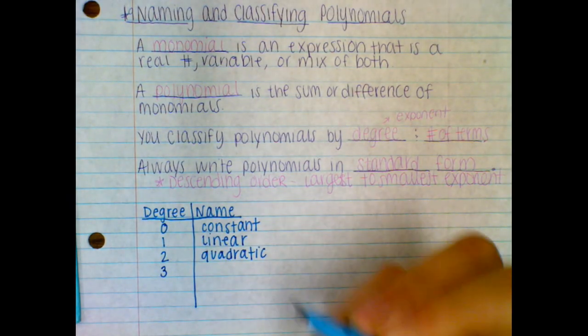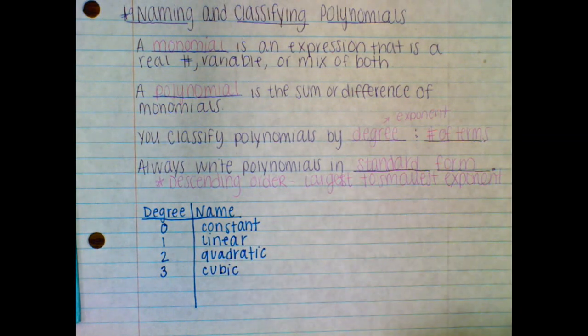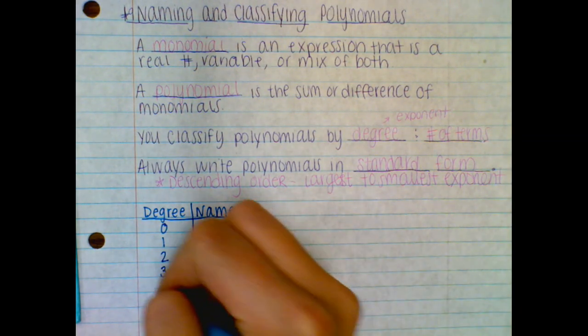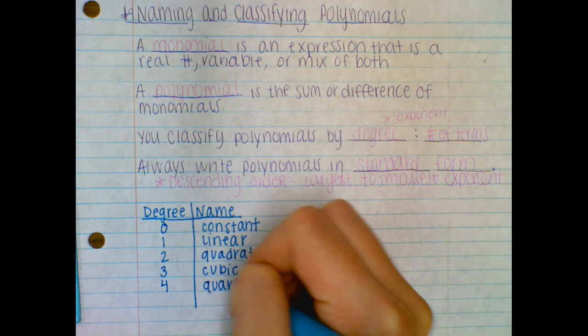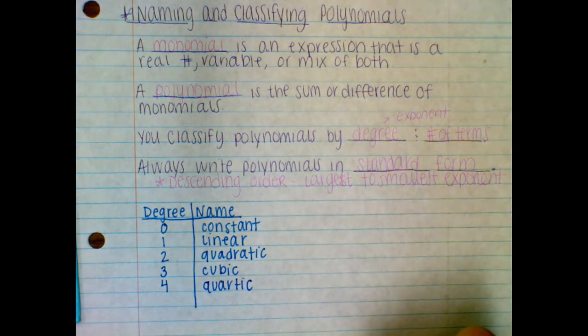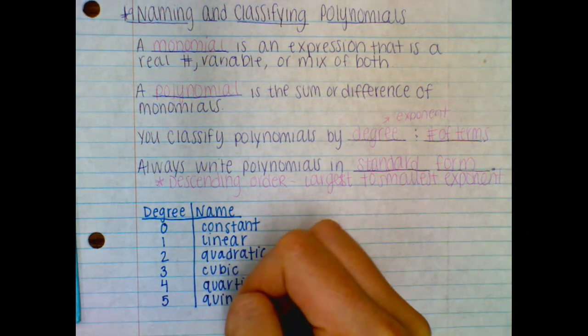If it's 3, we use the word cubic. For 4, we use the word quartic. And 5 is the last one that has a special name. We use the word quintic.